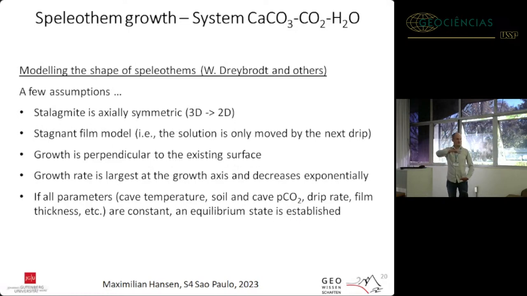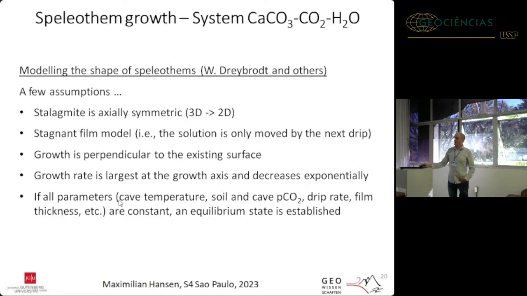It's basically a stagnant film, and then you get a new drop, and then the solution is replaced by the new drop. And the other assumption is that the growth is perpendicular to the existing surface, and that the growth rate is largest at the growth axis and decreases exponentially to the edges. Okay?